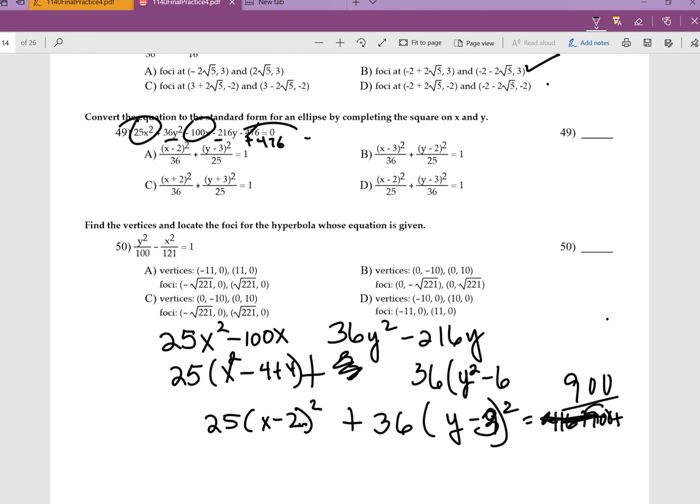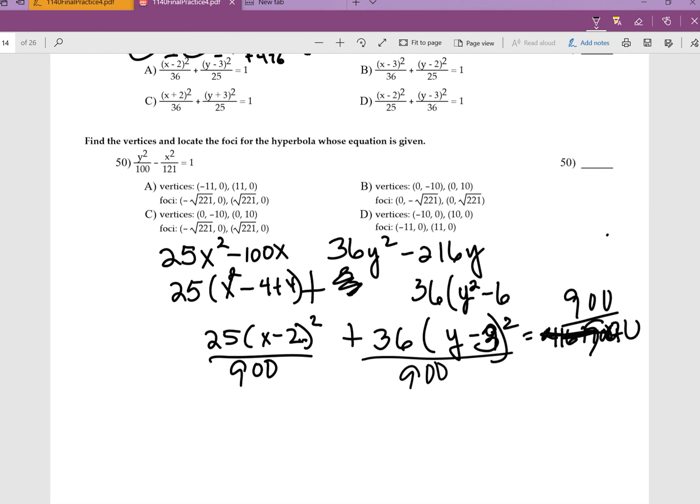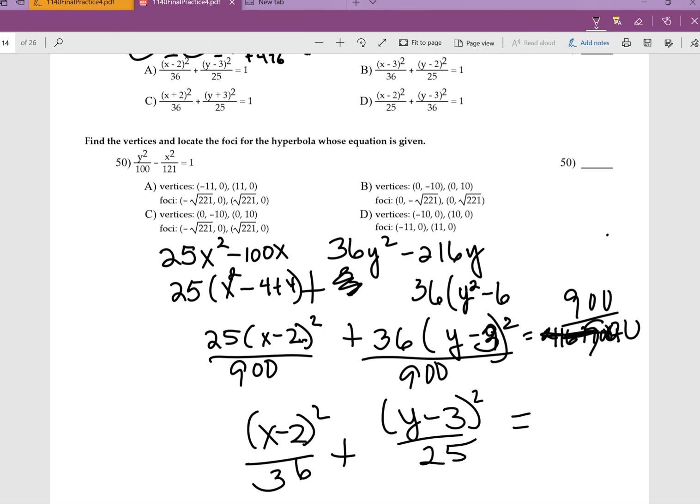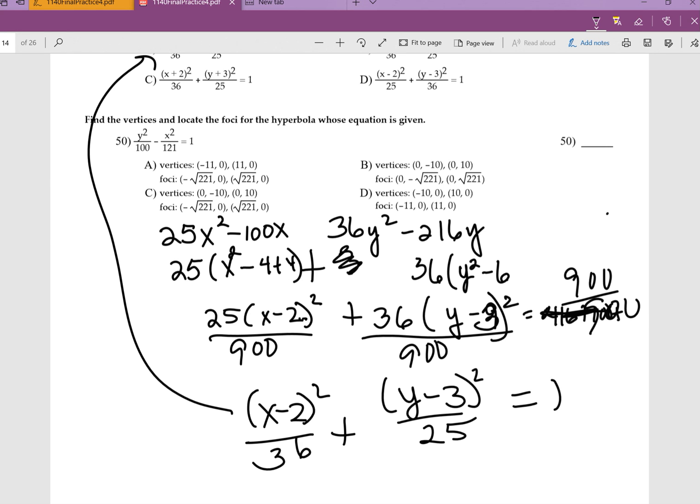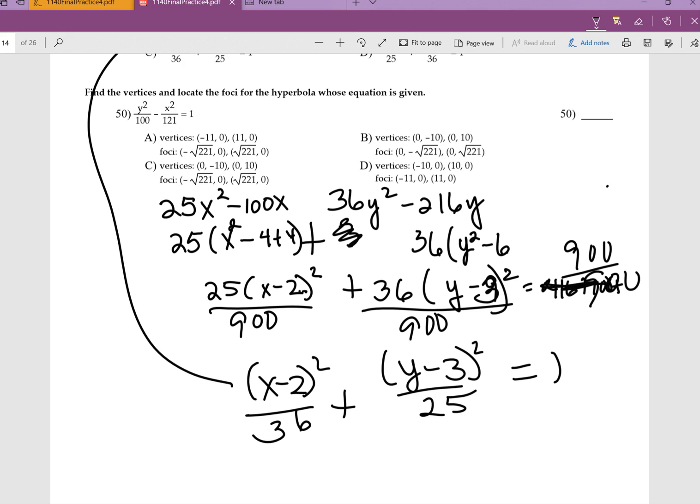So when I divide by 900 on all sides, this becomes x minus 2 squared over 36 plus y minus 3 squared over 25, and now this is equal to 1. If you notice, this is actually answer choice A. And for number, well, actually, I could stop there. I'll stop there. 49.